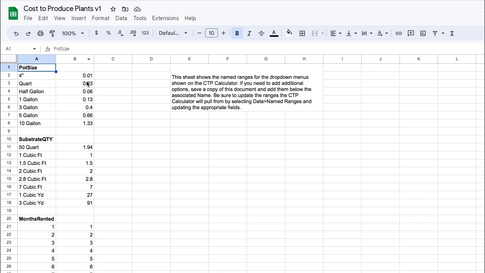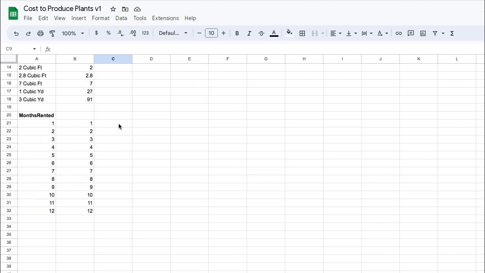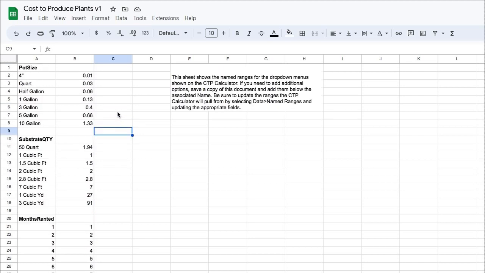These pot sizes are just the most common ones for home nurseries to grow. I don't see a lot of 25-gallon or 20-gallon pots being grown by small growers. It's kind of a niche field. So please feel free to edit these. It's important to me that these are useful to you.